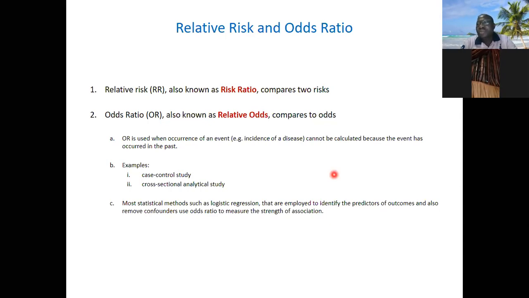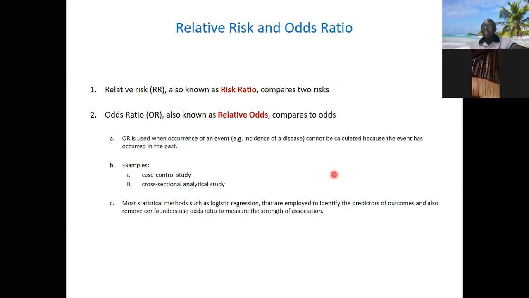So those are the outcome. The exposure has happened in the past, so people that have the disease should have been exposed in the past. So you are not calculating the probability of the exposure now. The exposure has happened, so you cannot calculate the risk of exposure. You now calculate the odds of exposure among them and divide.